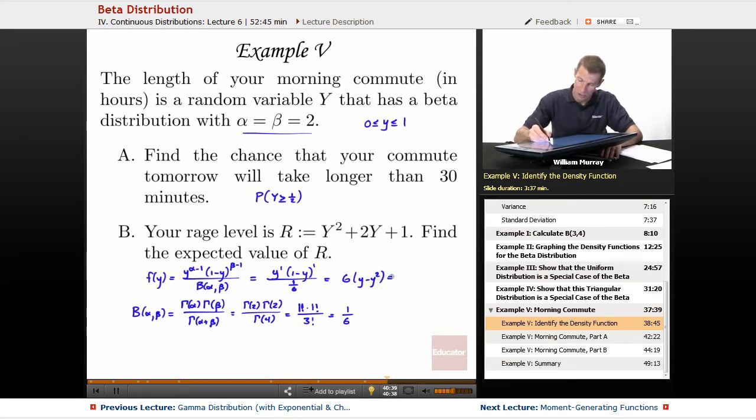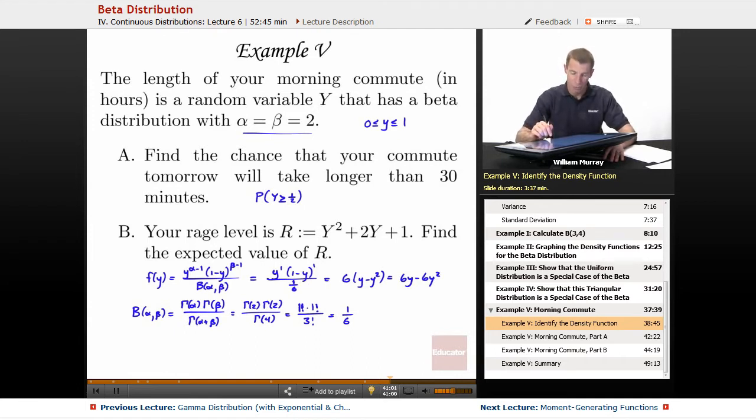Let me go ahead and distribute that: 6y minus 6y squared. So that's my density function for this distribution. We're going to use that to solve these two problems. I'm going to jump over onto the next slide and use that density function to solve them.